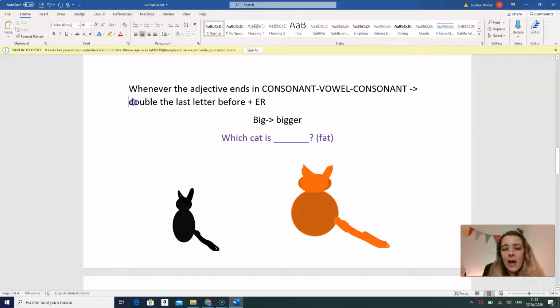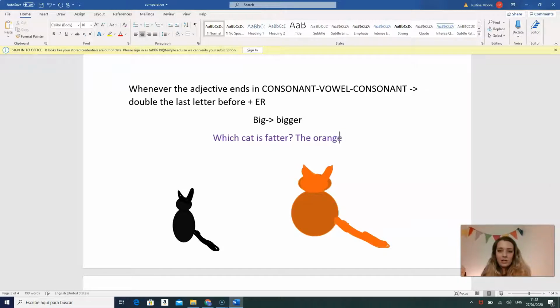So what's going to happen with fat? We're going to double the last letter before adding ER. So which cat is fatter? That's the question. What's the answer? Which cat is fatter? The black cat or the orange cat?